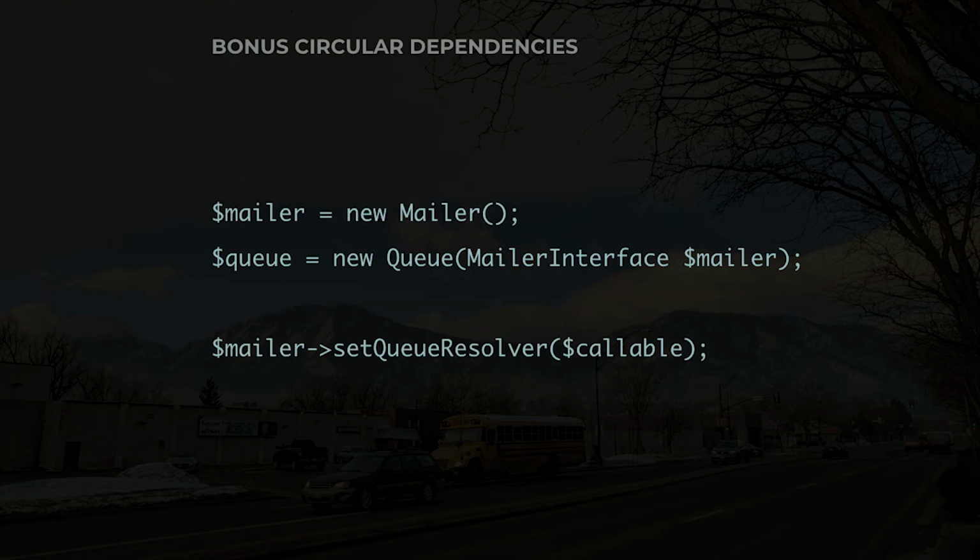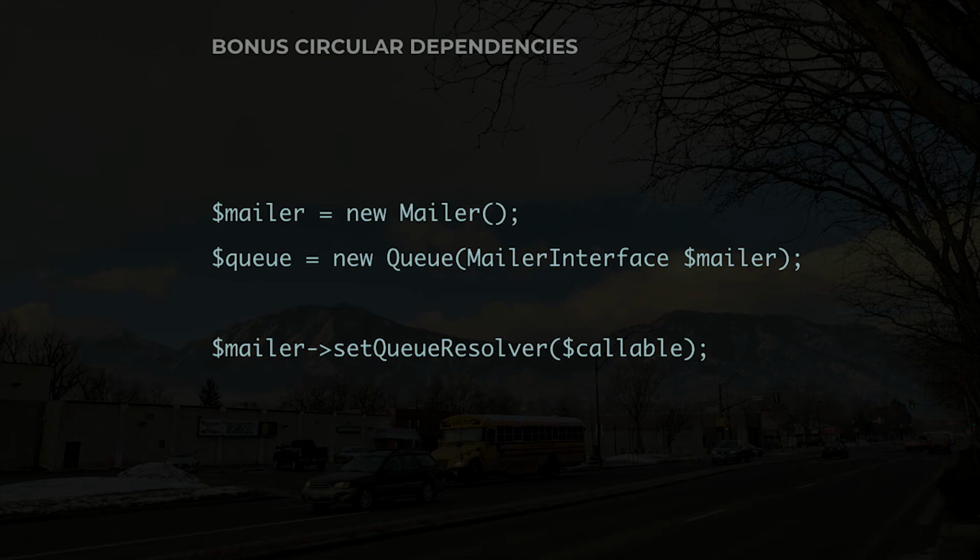But to be able to resolve this, we're going to create one soft dependency and one hard dependency. For example, we're going to adjust the mailer to have a soft dependency so that the mailer can be resolved without the queuer being resolved.